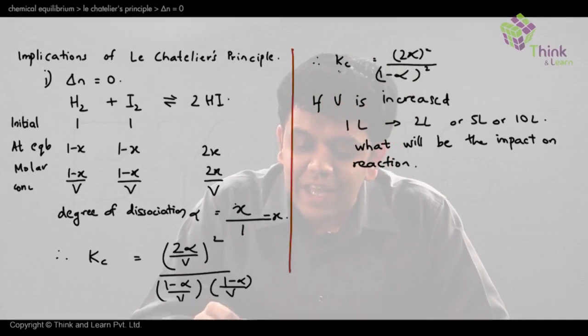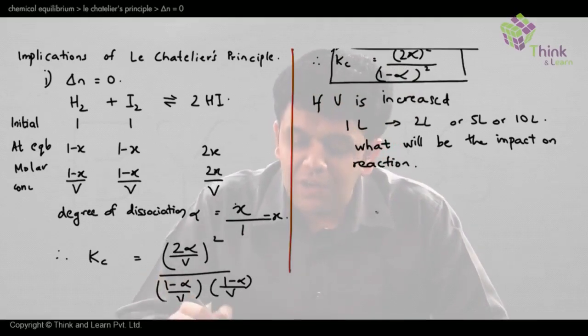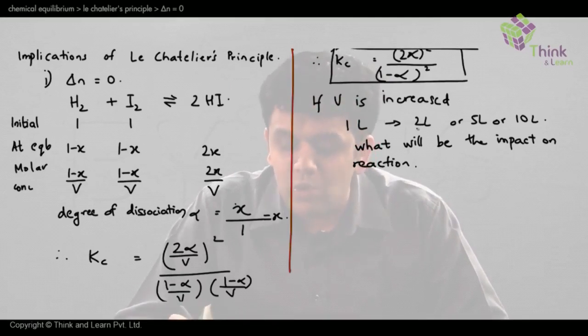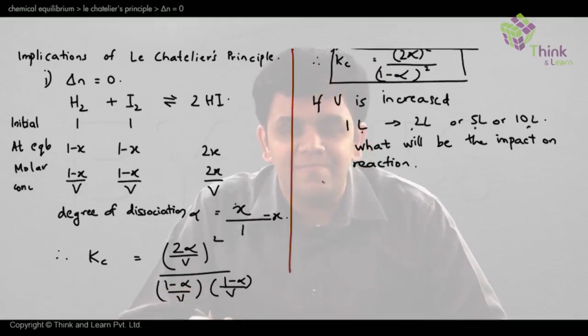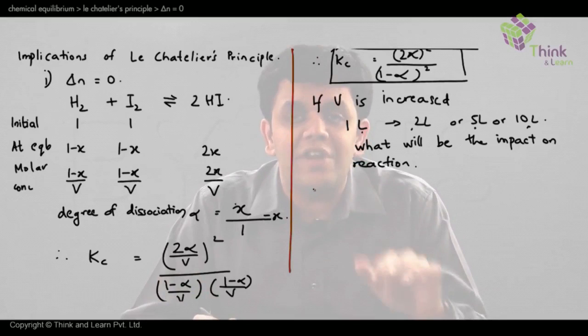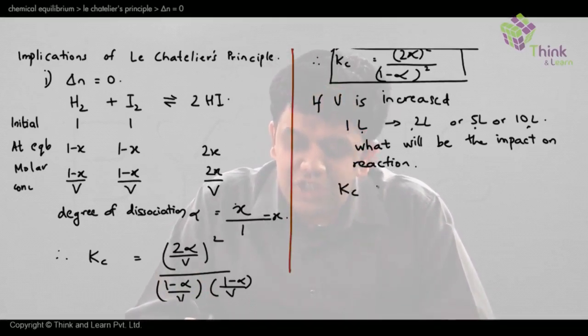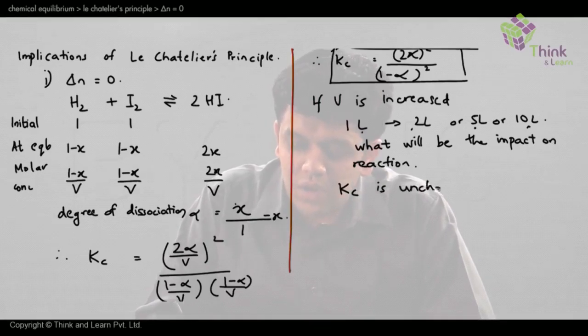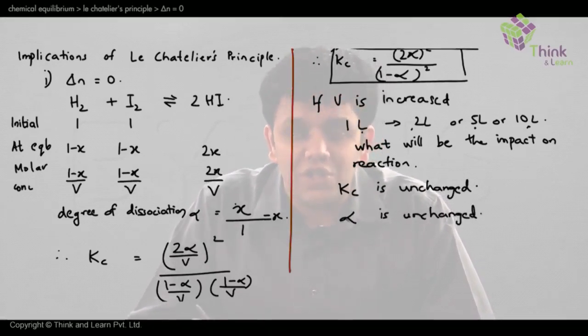Given that Kc does not have any volume term remaining, even if you increase your volume from 1 liter to 2 liters or 5 liters or 10 liters, or you decrease your volume to half a liter or 1/4 a liter, there is no effect on the reaction. Kc is unchanged and alpha also is unchanged.